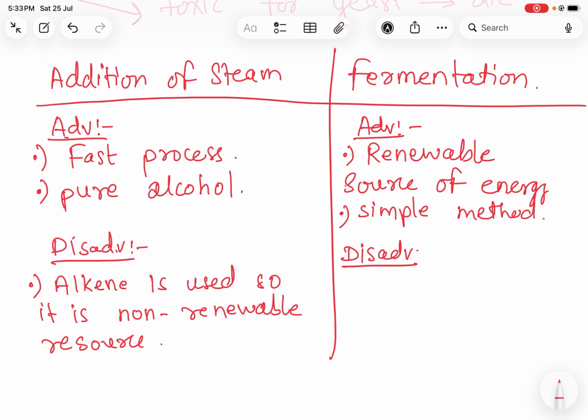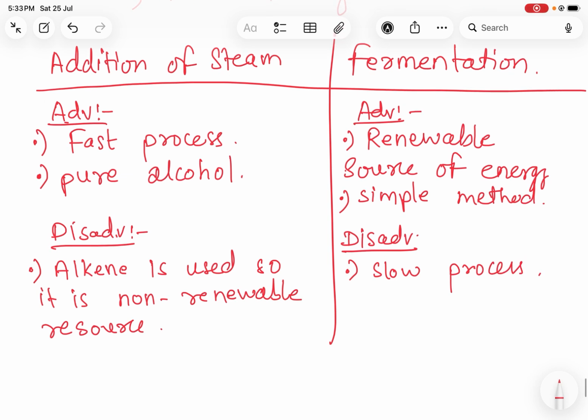In case of fermentation, it is a slow process. Also, it is a batch process. Once the yeast die, we have to stop the procedure and again add glucose and yeast so that the reaction can start. So that is why it is a batch process.